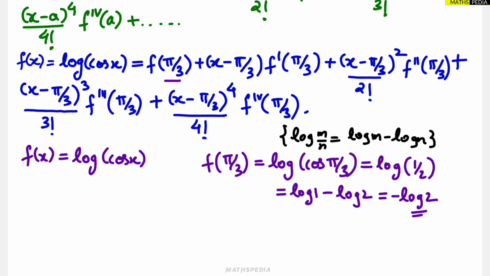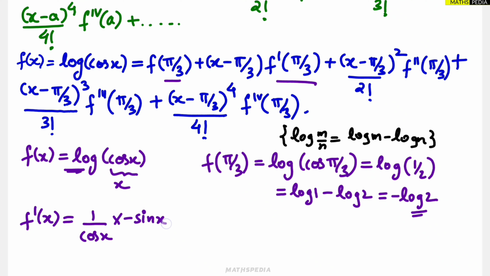Let us now find out f dash of pi by 3. For that we need f dash of x, so differentiate the previous term f of x. Log x differentiation we know is 1 by x. So 1 by cos x, where cos x is sitting in place of x. So again differentiation of cos x is minus sin x. Right?